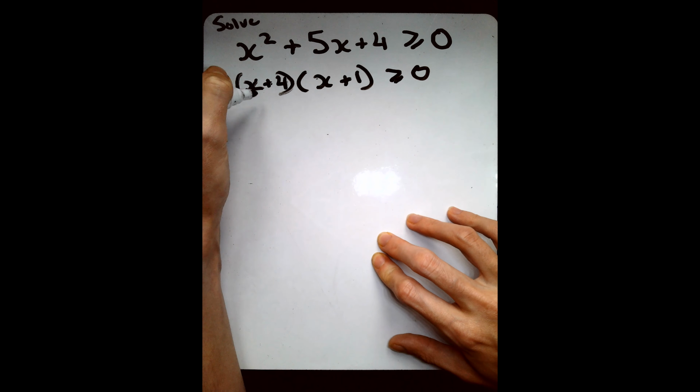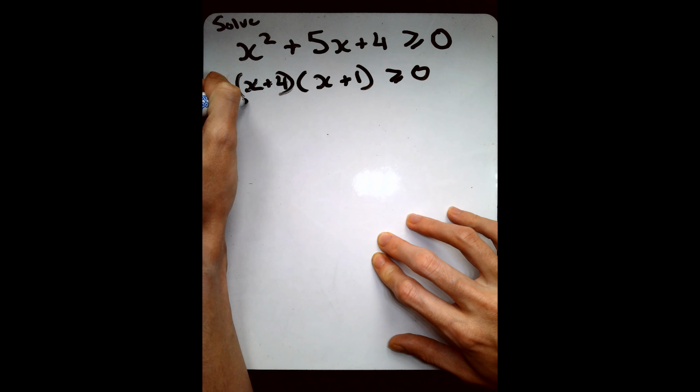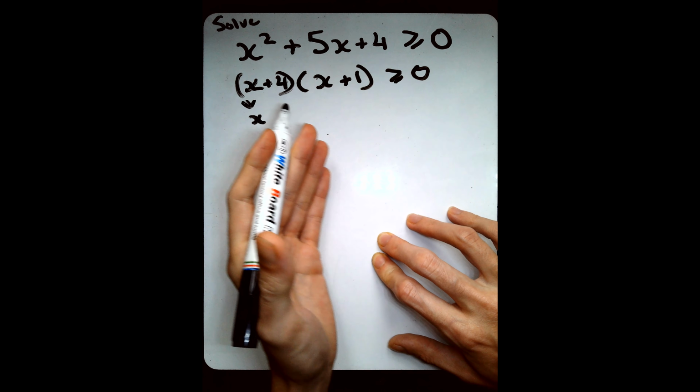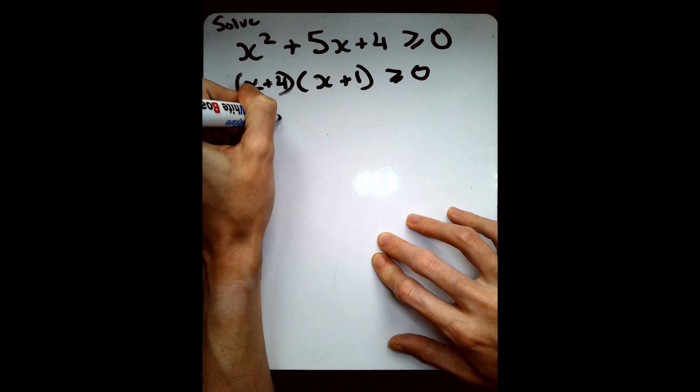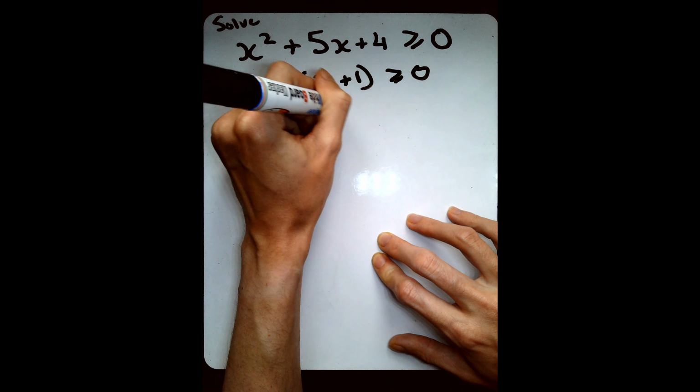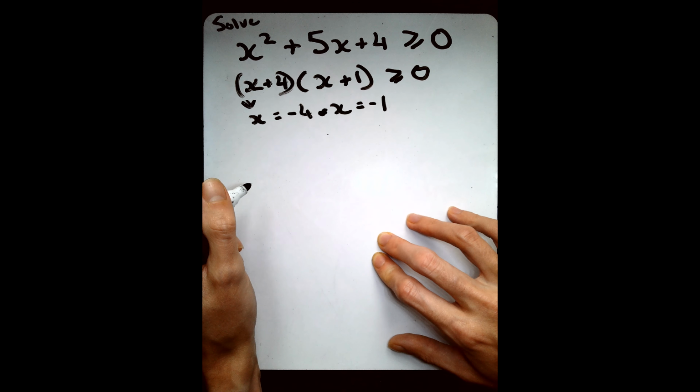The solutions, if this was equal to 0, in terms of graphing it, you graph it as if y is equal to this. So the solutions would give us that x is equal to negative 4 or x is equal to negative 1.